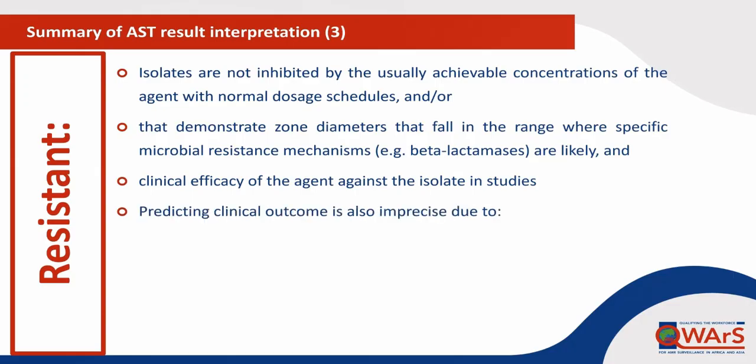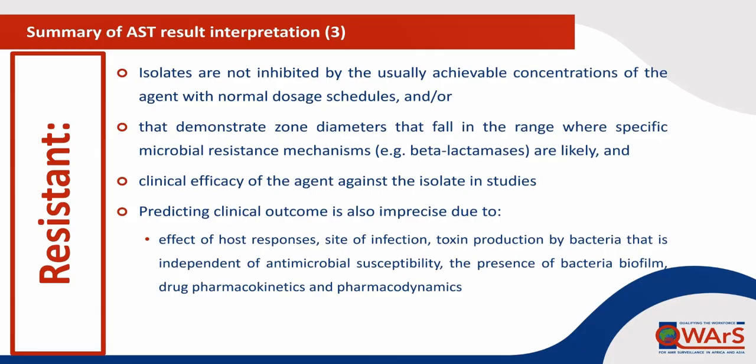Note that this definition also says nothing about the chances of clinical success, and there are high chances of imprecision. This is due to a range of factors mentioned in the case of susceptible ones.